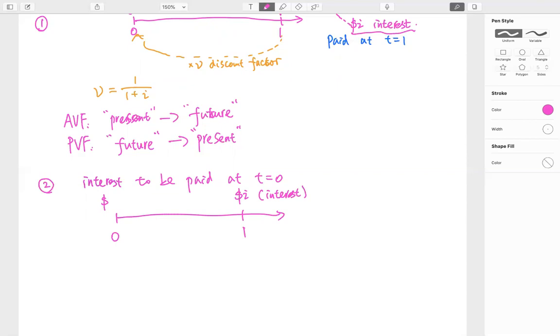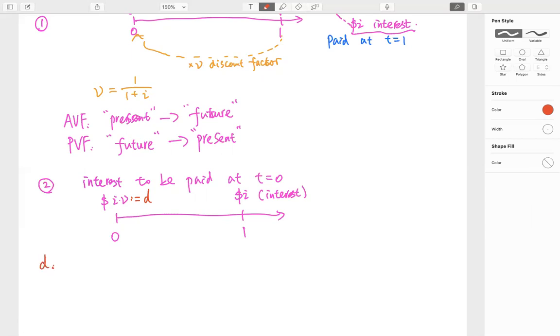That's how we go from future to present. So the amount is i times the discount factor v. This is how I write v, it may be slightly different from how you write v. So this is v, v for Victor. If we put a name on this, we call it d. So how do we interpret d?